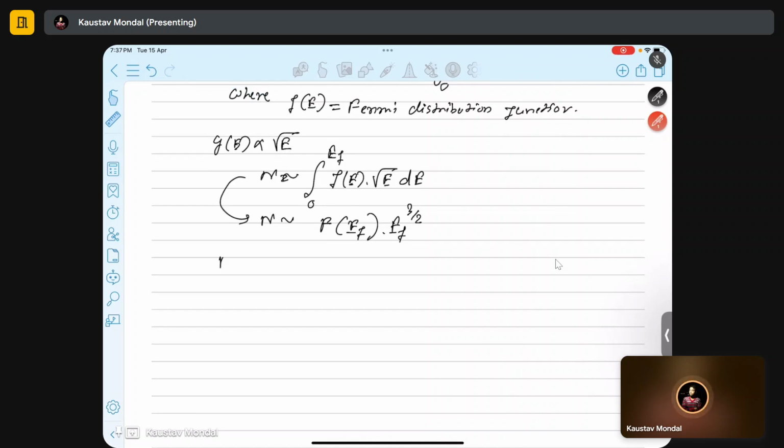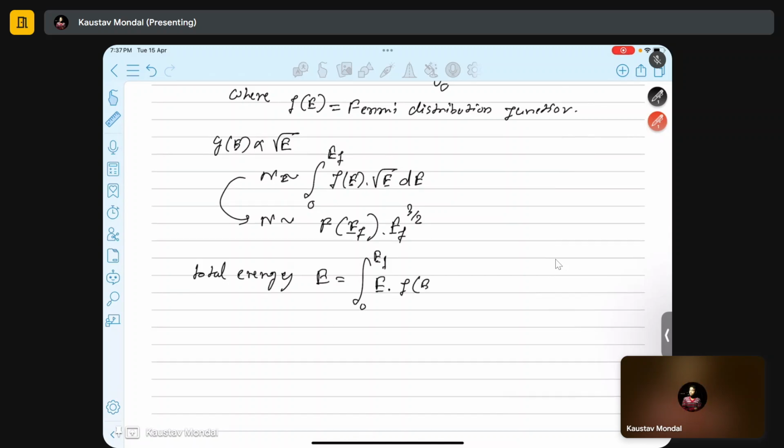Now similarly, the total energy E can be calculated. The total energy E would be the integral from 0 to EF of E times F(E) G(E) dE.